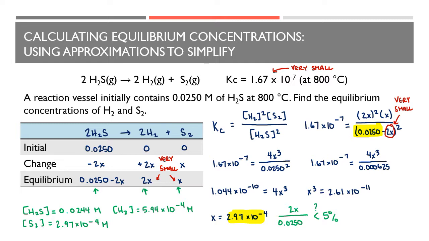So is it less than 5%? I plug in my x, multiply it by 2 and divide that by 0.0250, and if I multiply by 100 to turn this into a percentage, I get 2.38%, which is less than 5%, which is good. So making this assumption was okay.